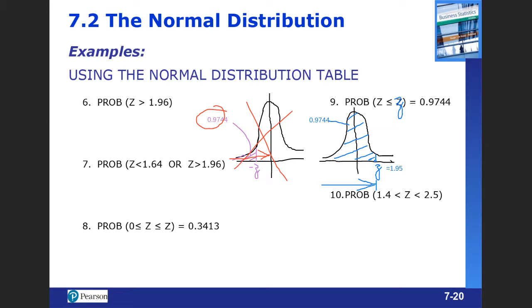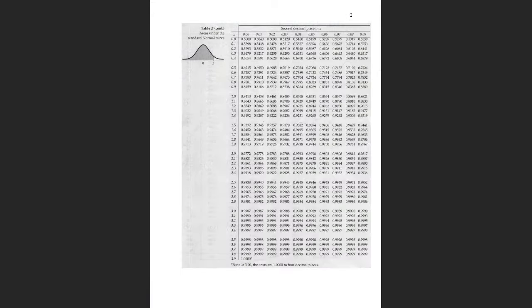Okay, so let me quickly go here. I'm looking for 0.9744 on the positive normal distribution table. This is the positive table. I'm looking in the middle for 0.9744. And I see it right here, 0.9744. The corresponding z value is 1.95. Questions for me?